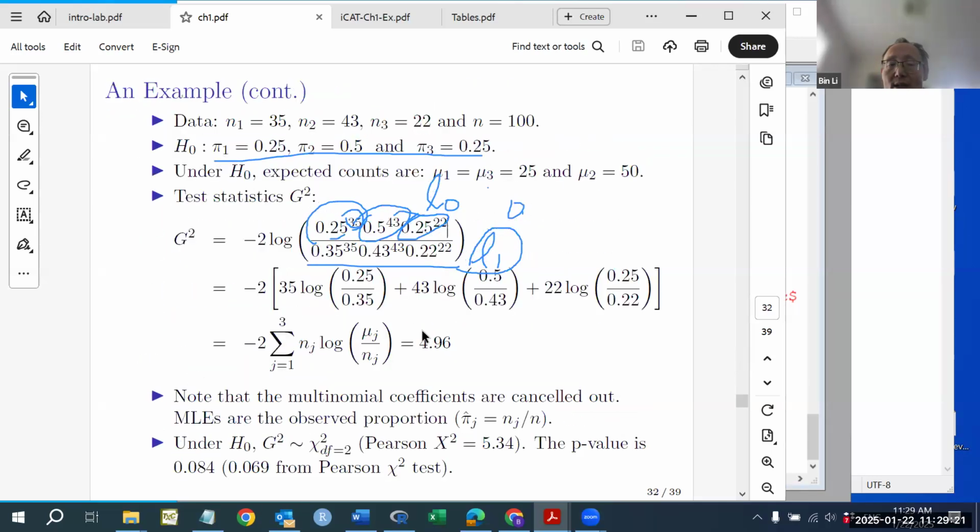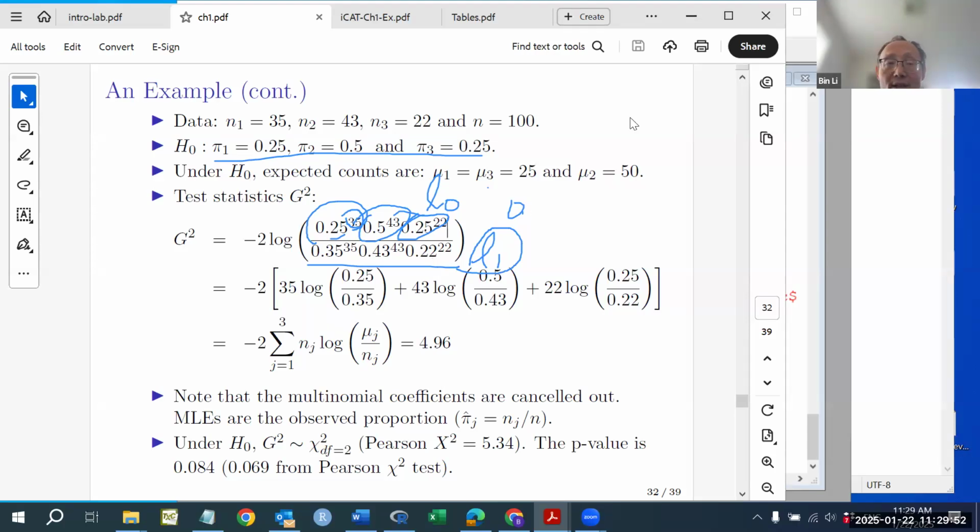So that's why we have the 0.35, because that's what we observed. 35 out of 100. Is that 0.35? Yes. To the power of 35. And then 0.43 to the power of 43, 0.22 to the power of 22. Okay, so that is the likelihood ratio test statistic.